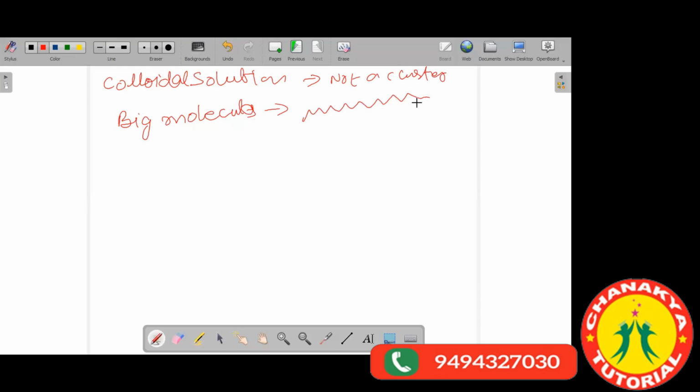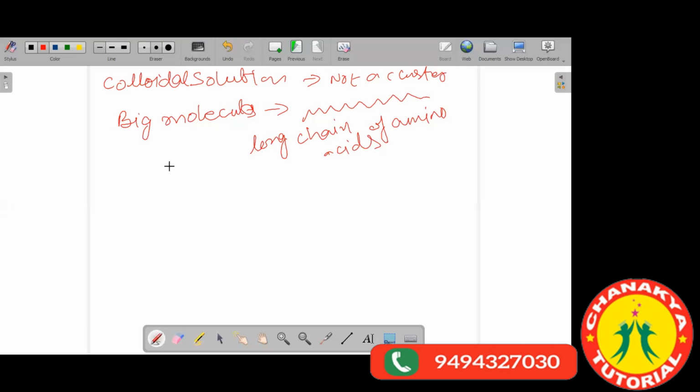For example, a long chain of amino acids together forms proteins. Similarly, fats are also long chains.